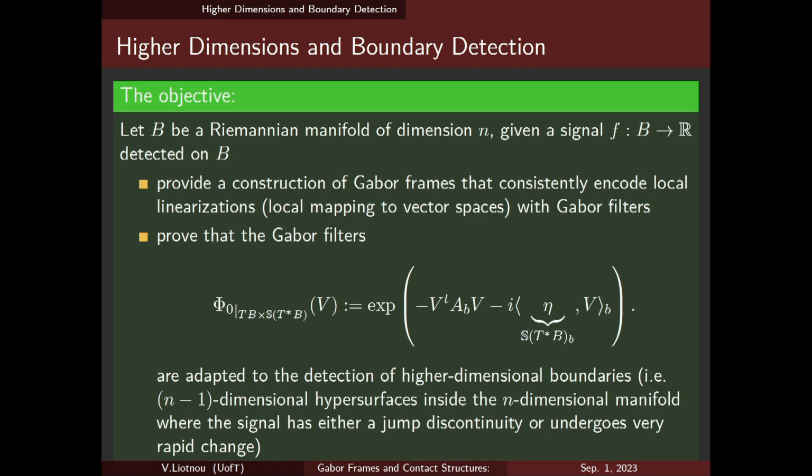So the construction is pretty much similar. We replace the almost complex structure with an action of the SO(n) group, and we generate a similar bundle of lattices in the higher dimensional case.